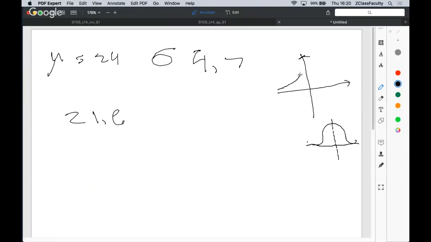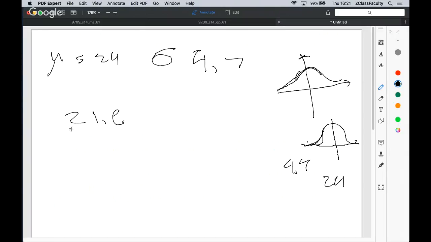I'm not very good at drawing. So it's like a smooth decrease down to there. So this is the mean 24, and the standard deviation is 4.7.